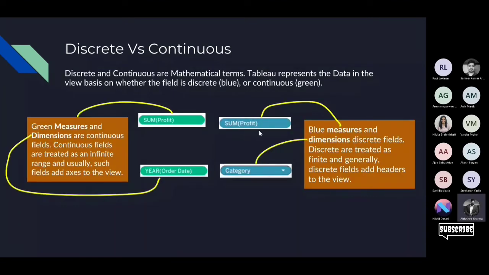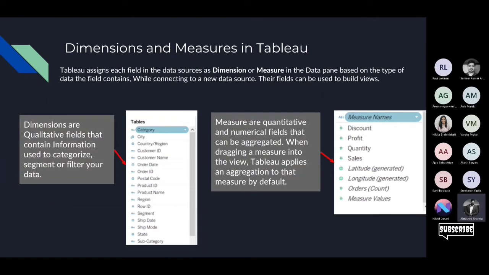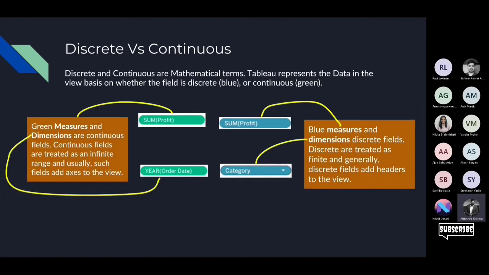We saw here this is a discrete measure. So these are four different things. The first two are a different topic: dimensions are qualitative variables, measures are aggregated variables, numbers. And discrete variables have a finite range and appear in blue color, and continuous variables have an infinite range and appear in green color.